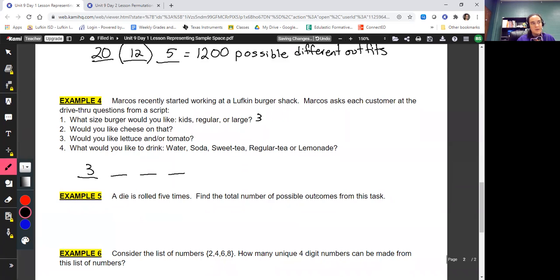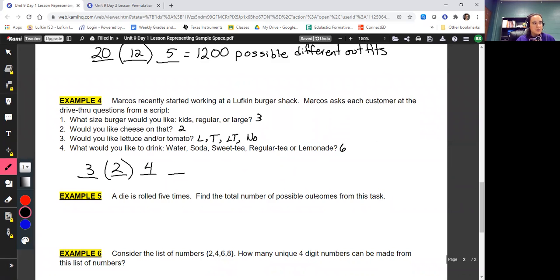Would you like cheese on that? So that means that they could have cheese or not have cheese. So that's 2 options for that blank. Would you like lettuce and or tomato? On this one, they could have lettuce, they could have tomato, they could have lettuce and tomato, or none. No lettuce and no tomato. So that's 4 options. Then would you like a drink with that? So water, soda, sweet tea, regular tea, lemonade, or no drink.